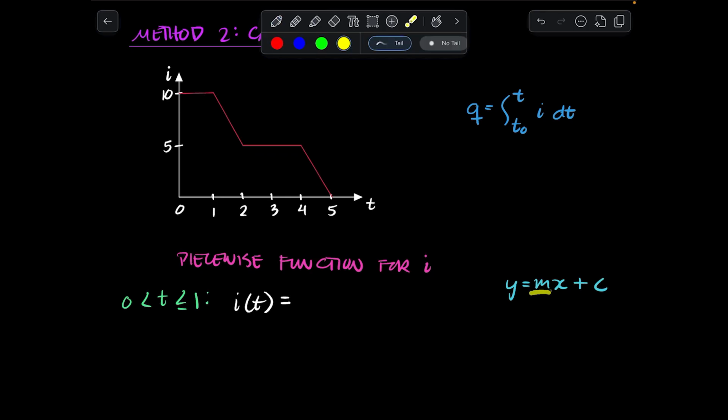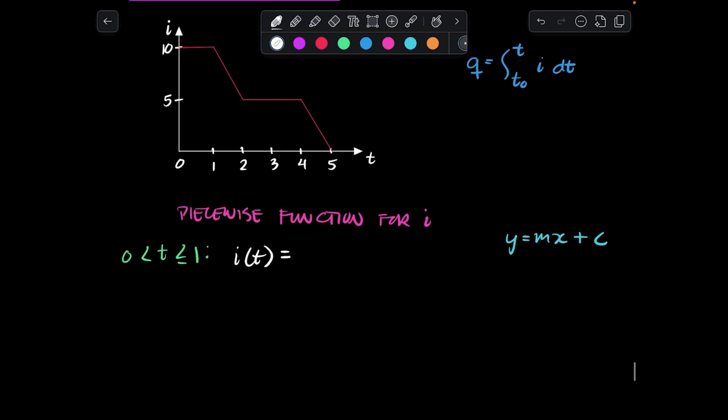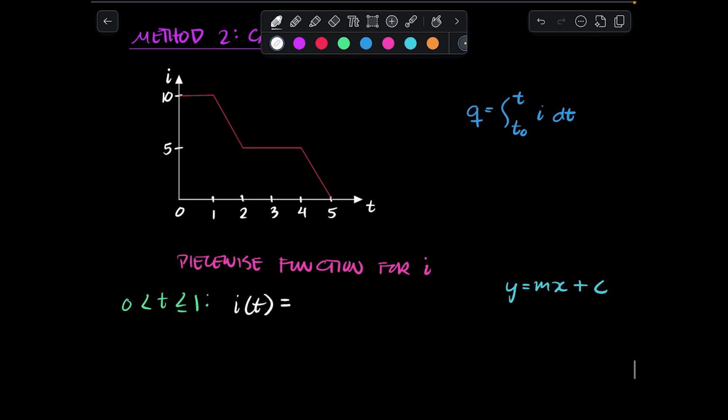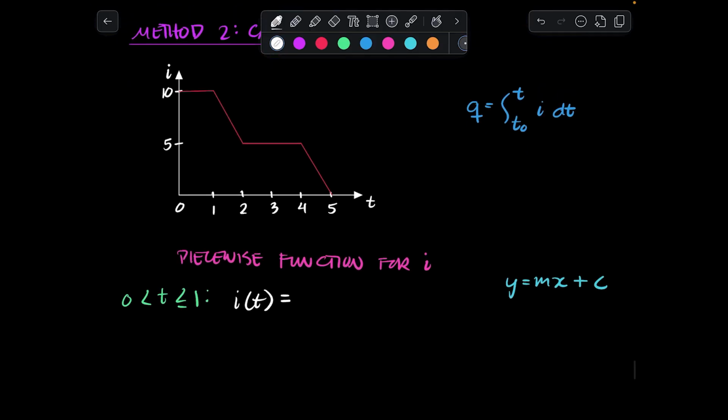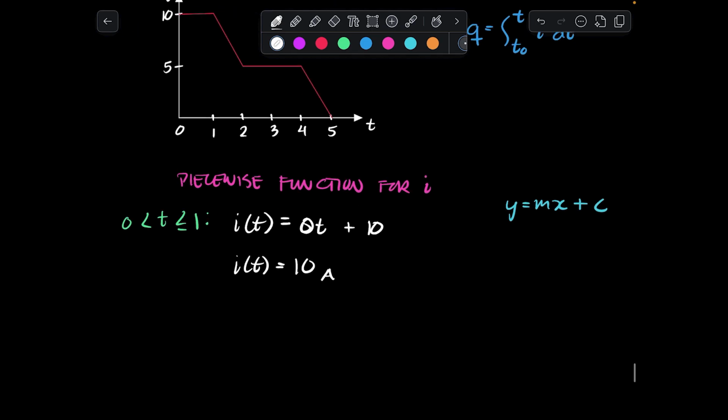We need to find the slope and the y-intercept for each of these equations that make up the whole piecewise function for I. Again, between 0 and 1, we have a slope of 0, essentially. This is just a line here. So that's just 0 times t, plus our y-intercept is clearly at 10 here. Therefore, I of t is equal to 10 amps for this interval.